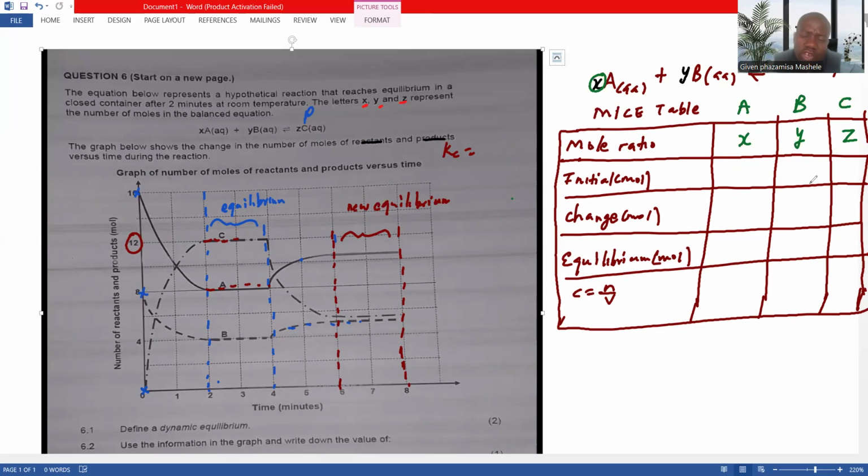Now, we know very well that the initial row is the information about the reactants and the product at the start of the reaction. When we look at the graph at time 0, initially, substance A came with 16 moles as its initial number of moles.